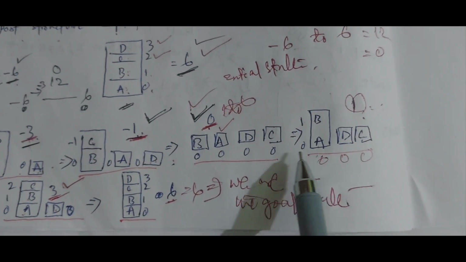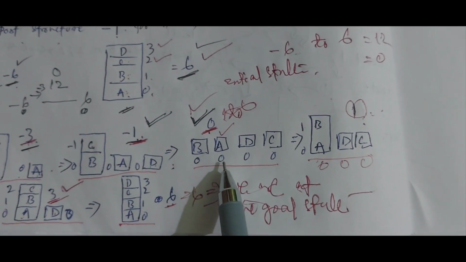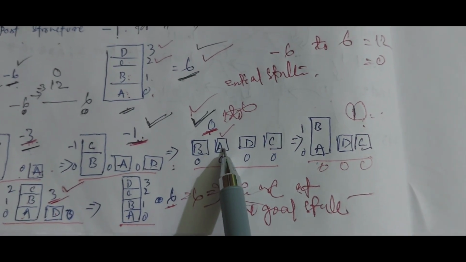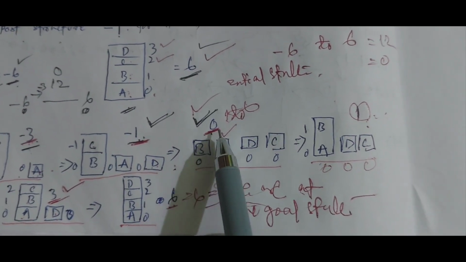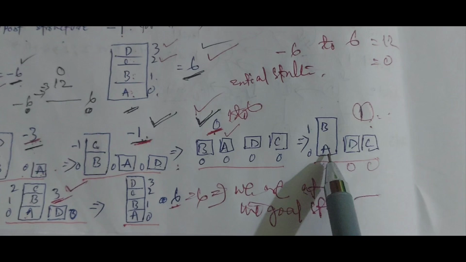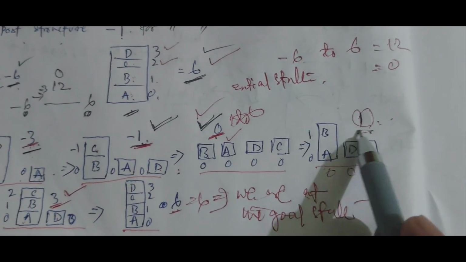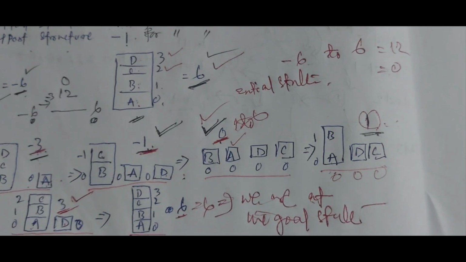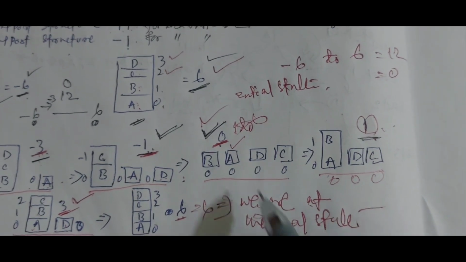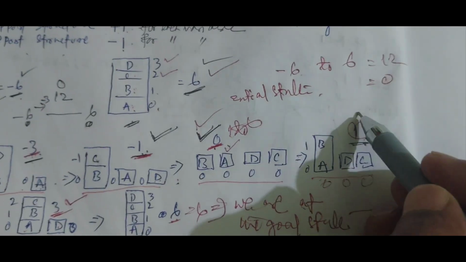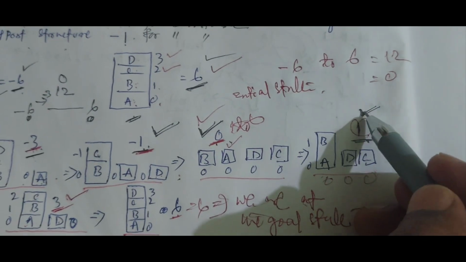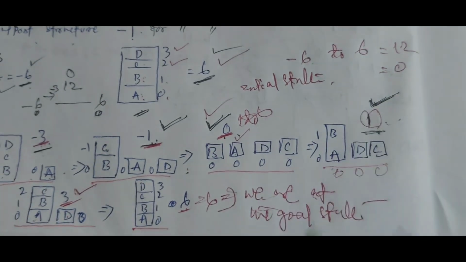Similarly, we will calculate A and B. B will be over A on the next step. So ABDC, and the total value is 1, which is nearer to 6 as compared to 0. So we are on the right track. This is the way we have to calculate.